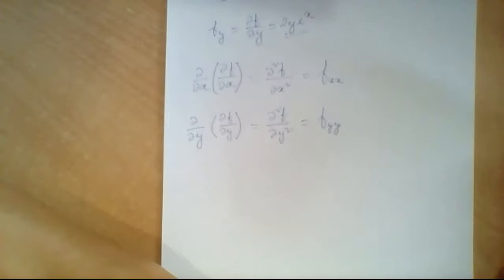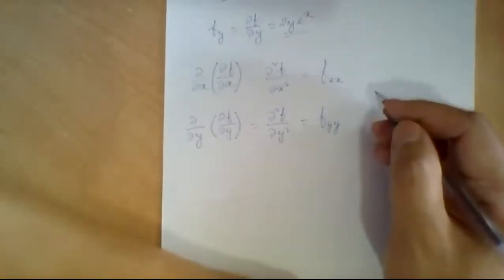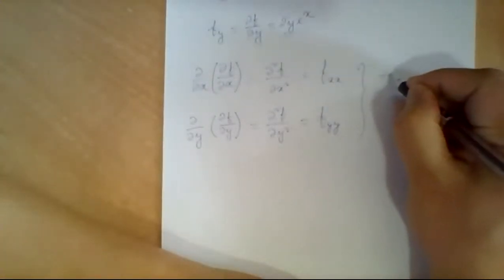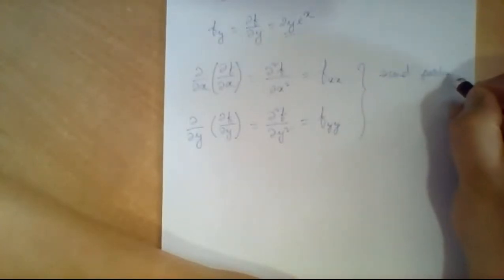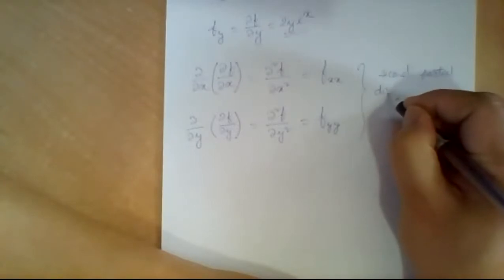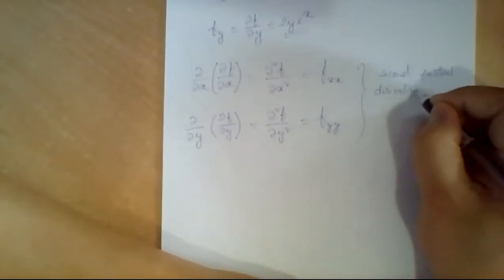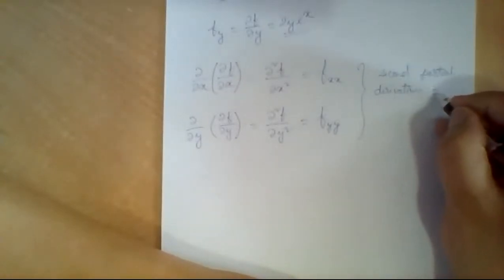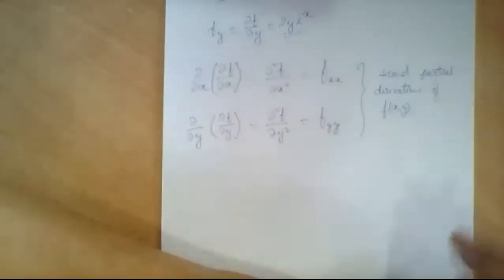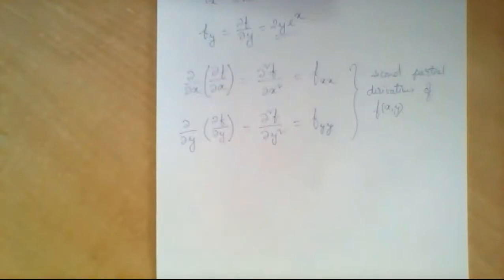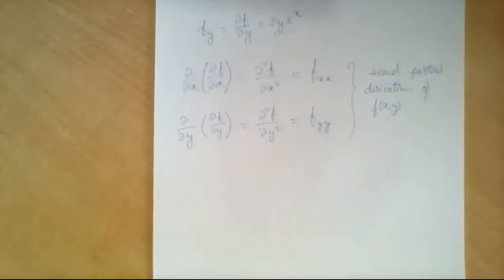So these are called the second partial derivatives of f of x and y.